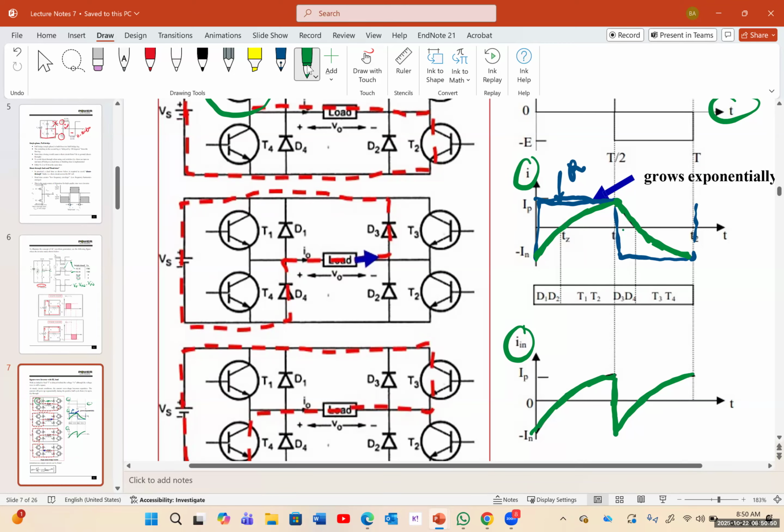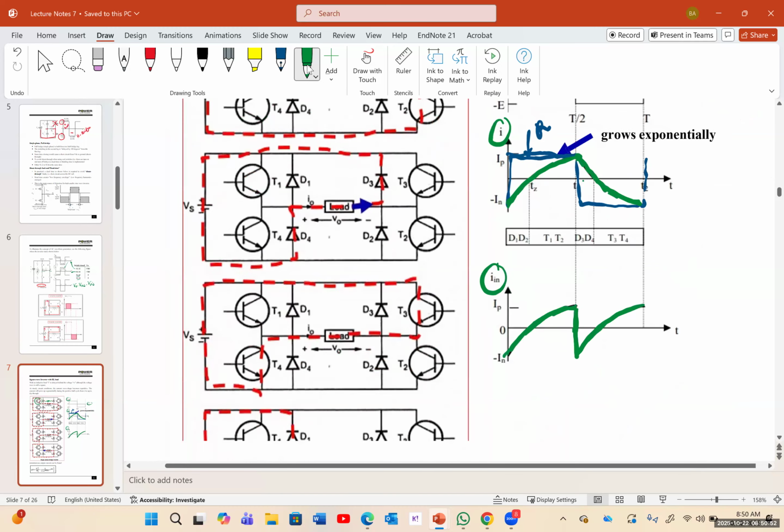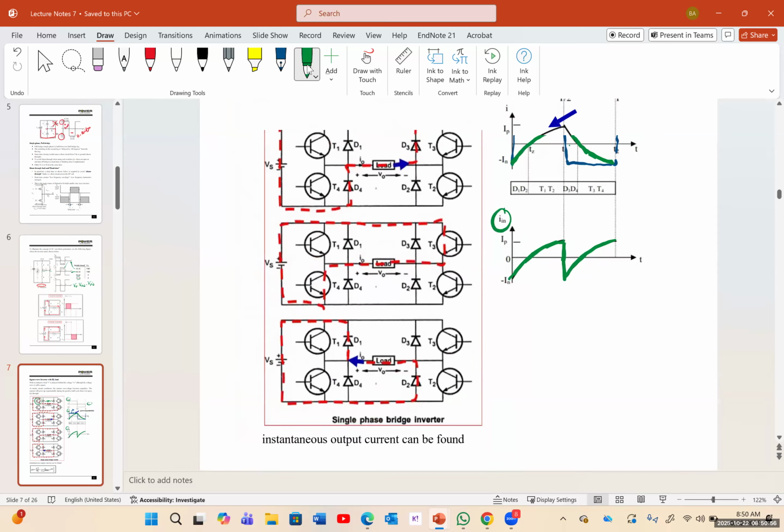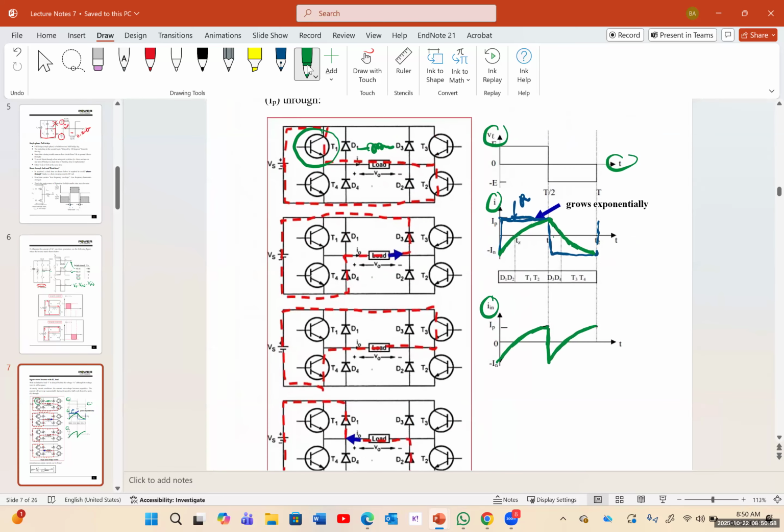Therefore, the current is just dropping back to its initial value. And if we have a resistor, you won't have this problem. If you have a capacitor, the current will not change like this, but the voltage would have an effect. We usually don't have capacitive loads.